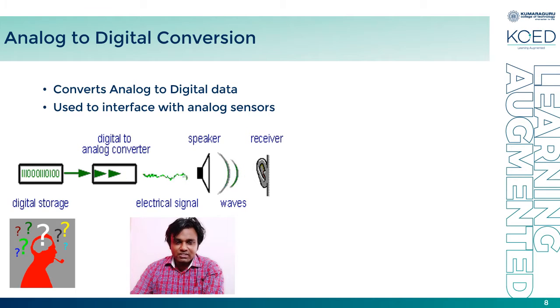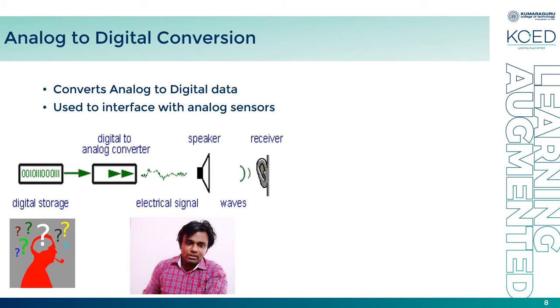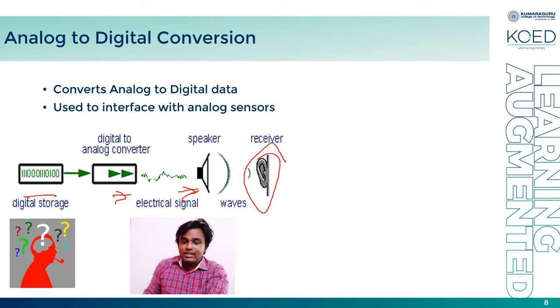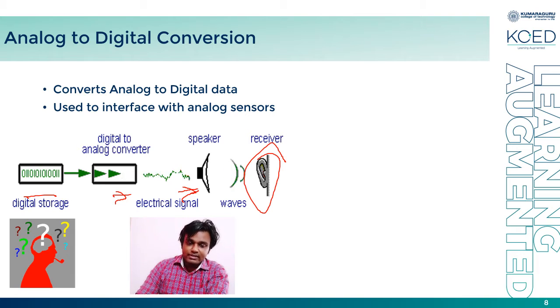Analog to digital conversion. Any device that converts analog to digital uses the interface to an analog sensor. This diagram indicates a digital value which is converted into an analog value. The analog value is given to the speakers so that the speaker converts digital into analog so that human ears are able to hear it.